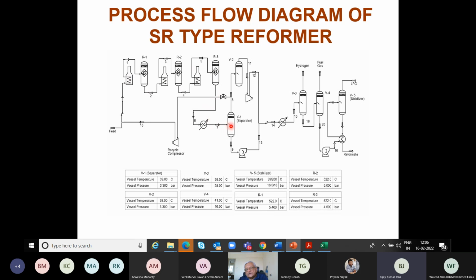And then you go into the separator where you knock out the hydrogen along with the C1, C2, C3, C4. And then the liquid is taken out here, which is then stripped to take the hydrogen out. And then you go through another stripper to take out all the C1 to C2. And then you fractionate this in a debutanizer, where you take out the LPG, very similar to the naphtha stabilizer that I talked about, and you get the reformate.